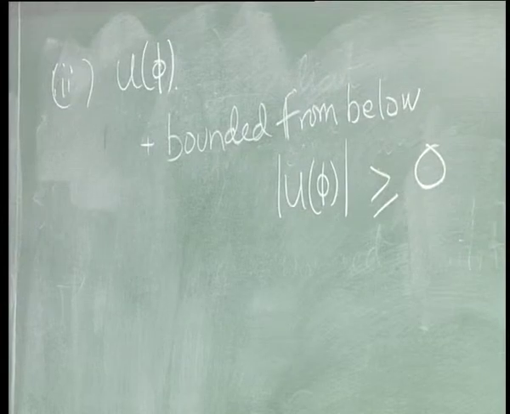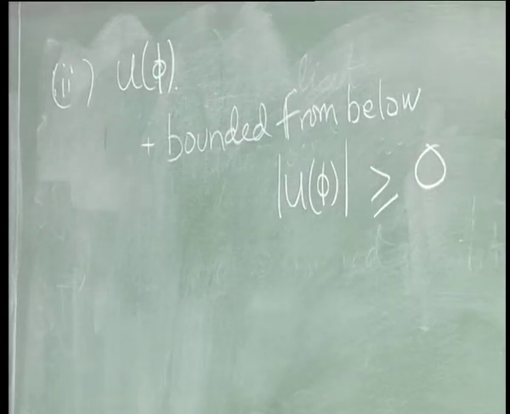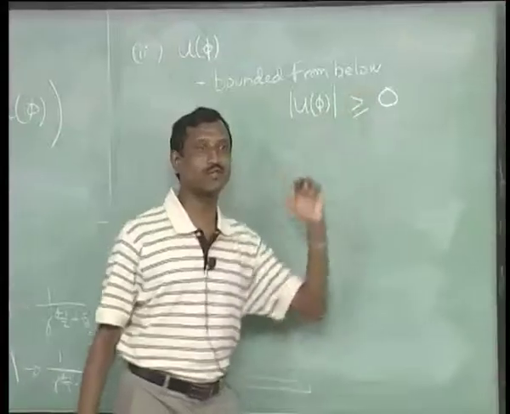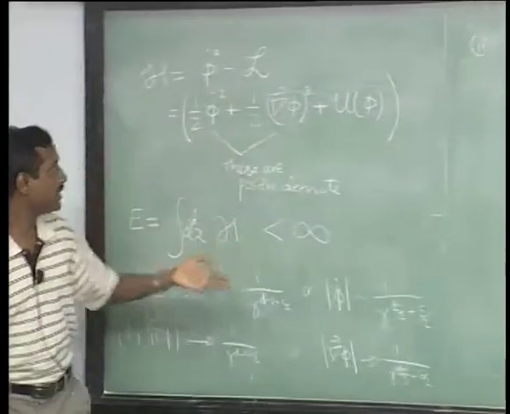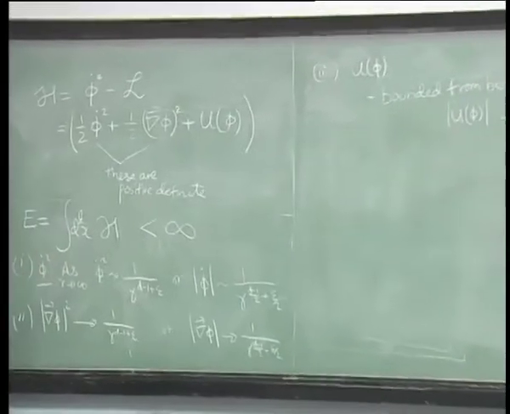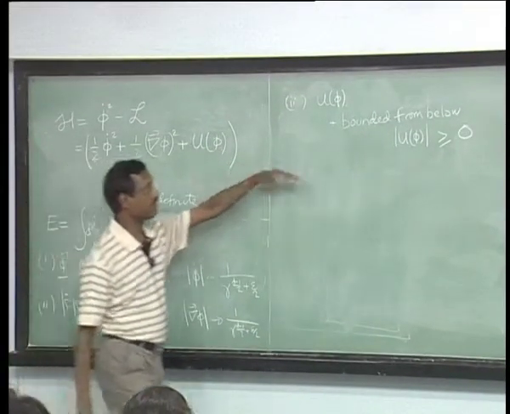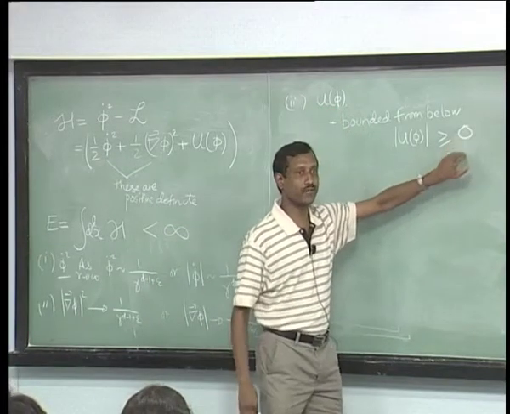It need not be bounded from above, there is nothing, okay. So this is just a condition which I will impose. See, if it were even a positive constant, it will not violate positiveness, but the minimum value would be that constant times the volume of space. So you always adjust U of phi to be this way.